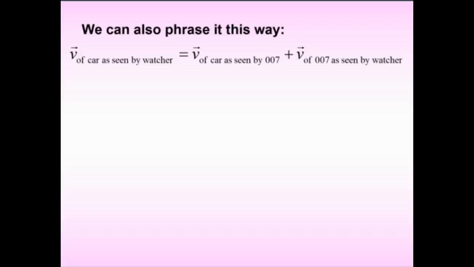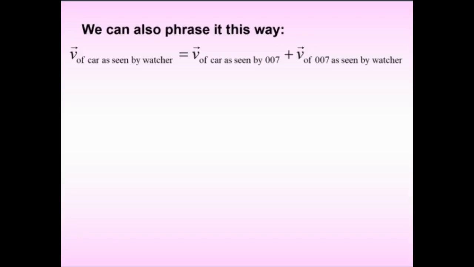So tell me how 007 sees the car move in the second situation. 10 meters per second. Which direction? You're right. East. According to his grid, it was moving east to him. So everyone, whatever is below here, as Jinan perfectly said, it has to be 10 meters per second east. Okay, who would like to tell me velocity of 007 as seen by the watcher?